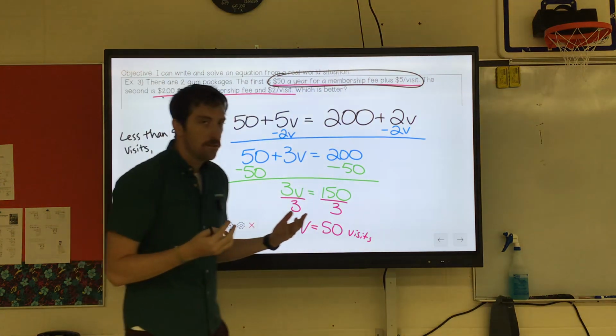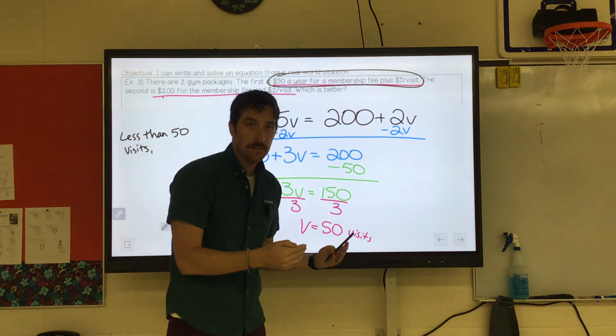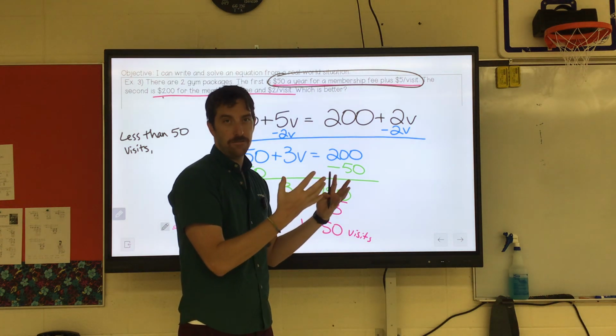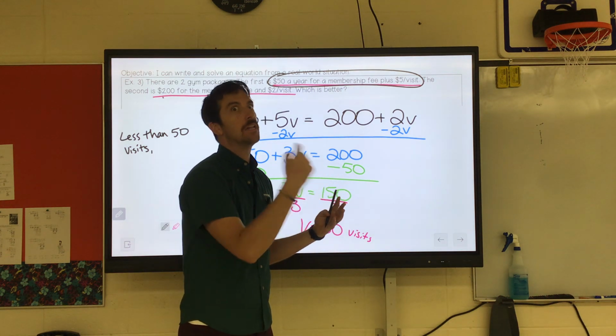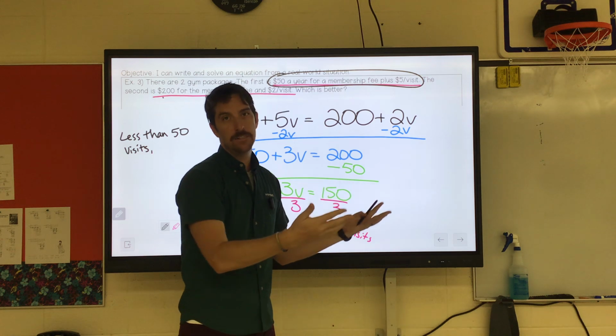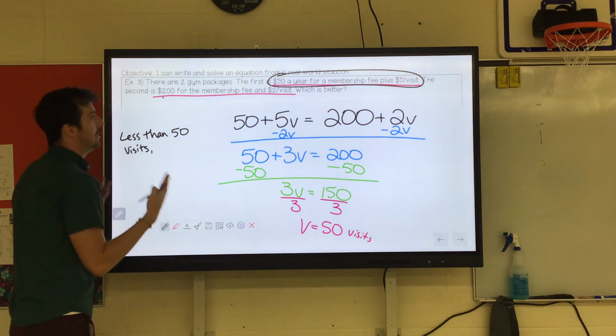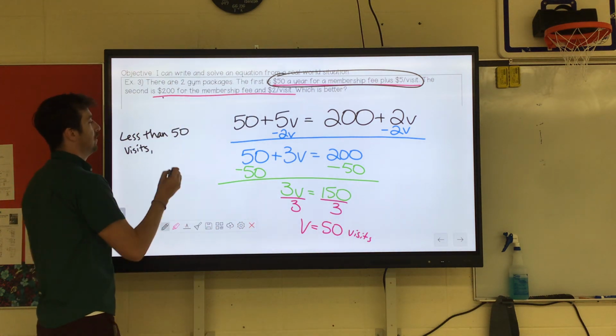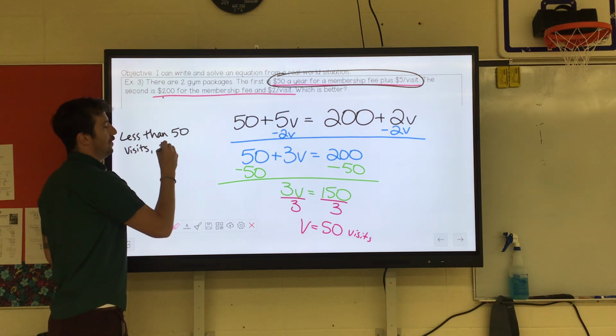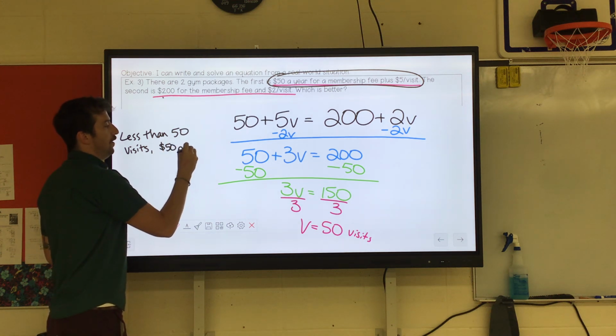So the $2 one, it's cheaper per visit, but you have that higher initial fee. So if we go a lot, then that's going to be the better deal. But if we're going less than 50 visits, then the $50 plan is better.